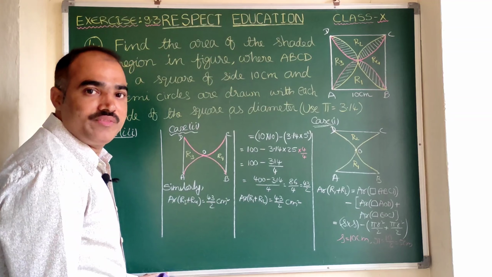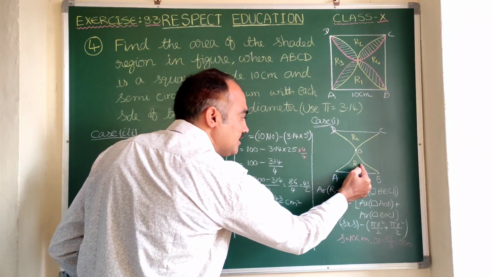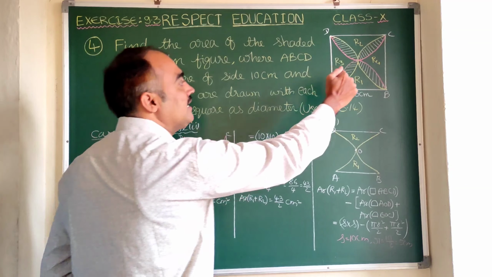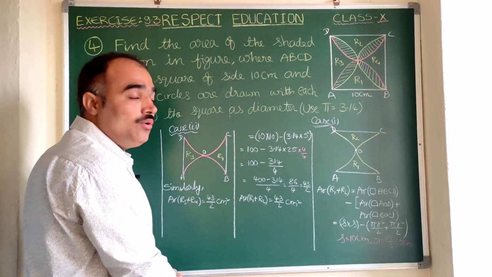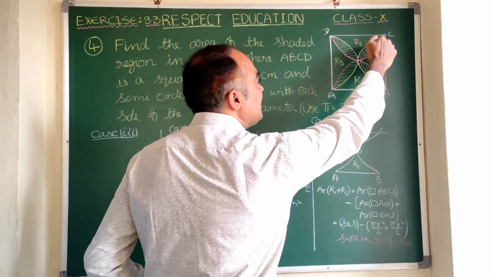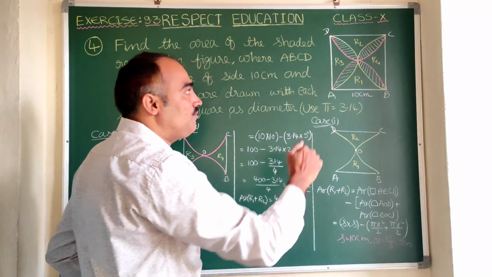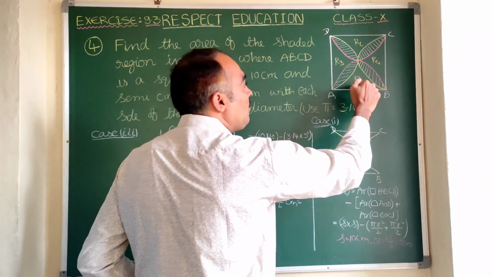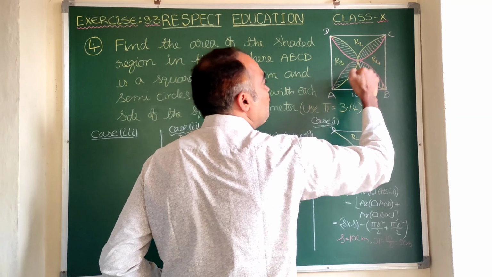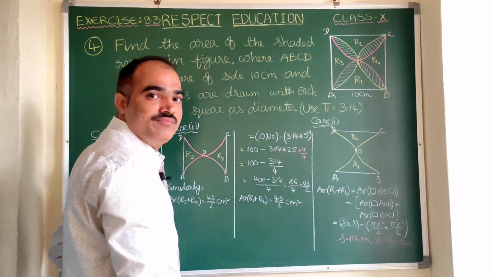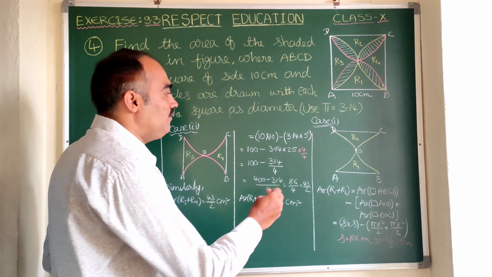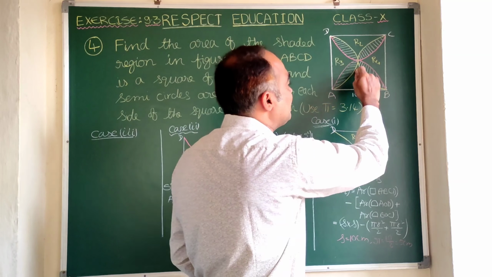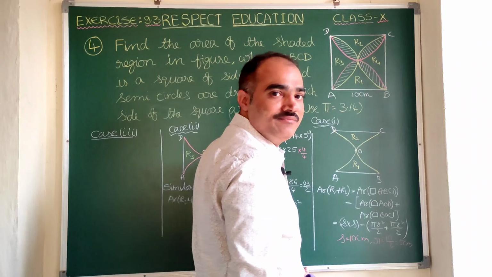So on adding case 1 plus case 2, just merge both of them so that you will get the actual figure. Now to find the area of the shaded portion, we need to subtract R1 plus R2 plus R3 plus R4 from the square. Is it clear to you? On merging these two, we will get the actual figure, that is ABCD with the same design.